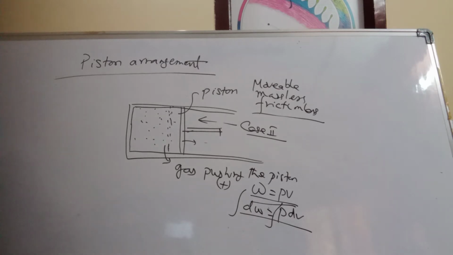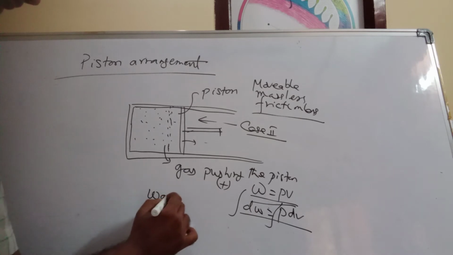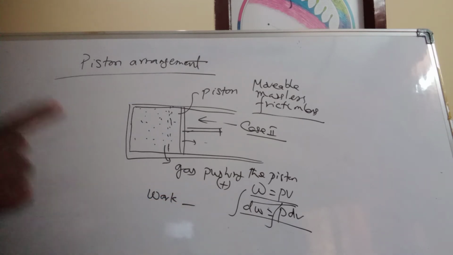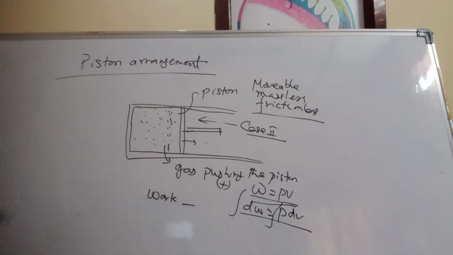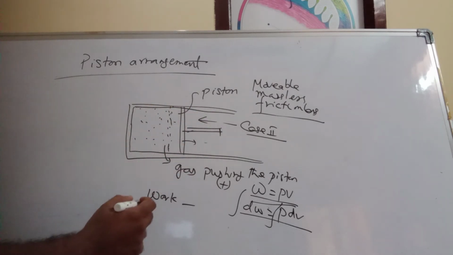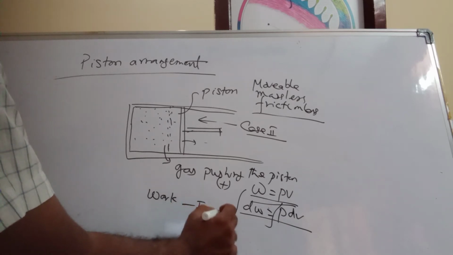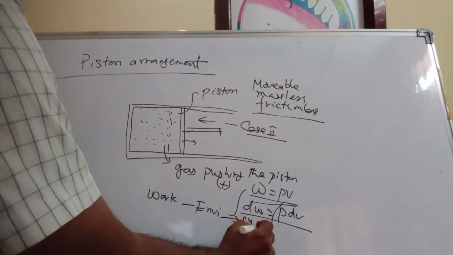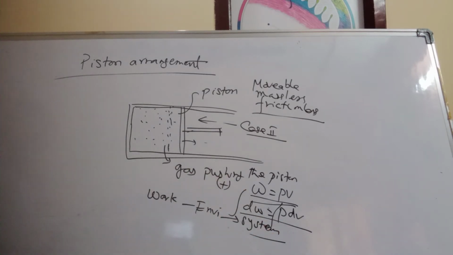So here what is happening is you are doing an external work. The work is happening in the environment and you are affecting the system. So this type of work is from the environment to the system. Here the environment, you can call it a piston.